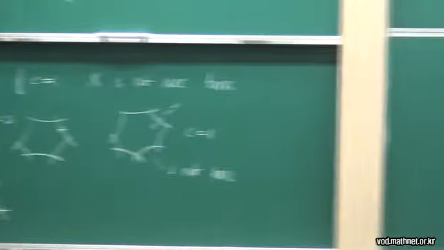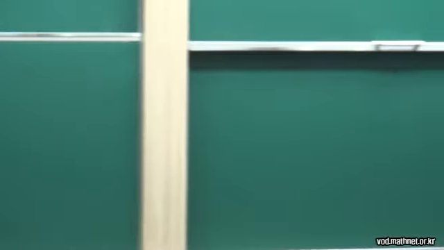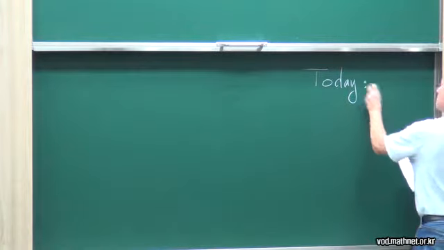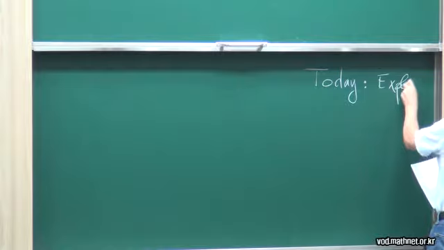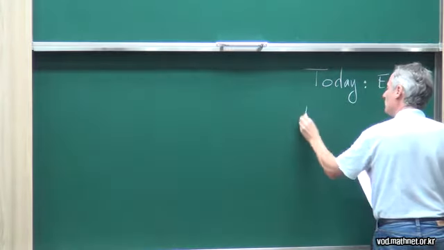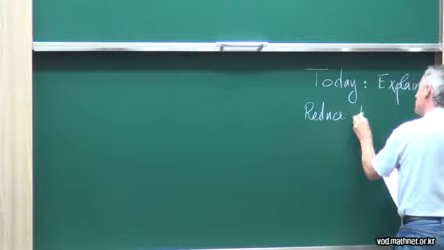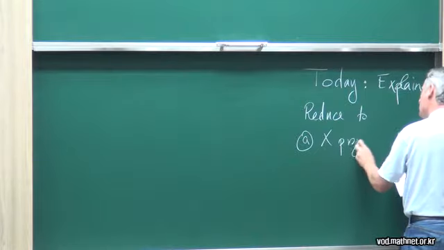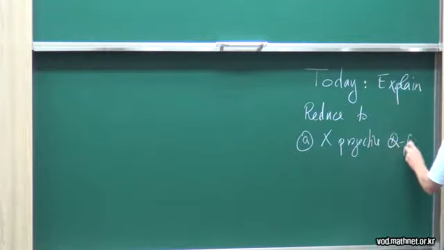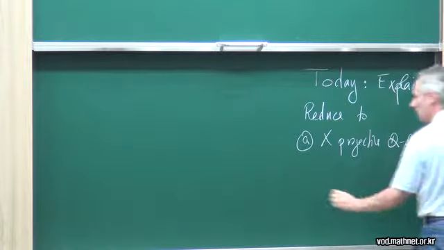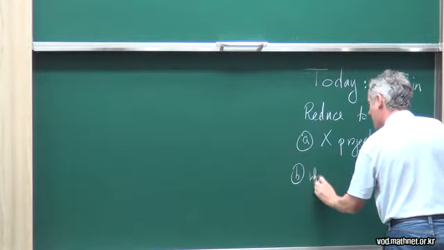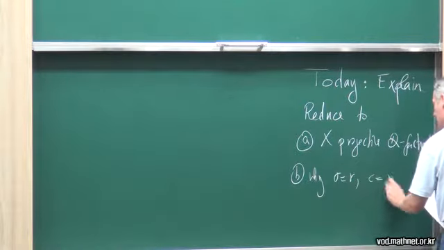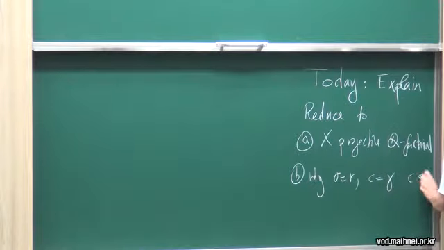Okay, so today, explain 3 things: how to reduce to A, X projective, B, Q-factorial, and C, sigma equals rho, or c equals gamma if c is less than 1.